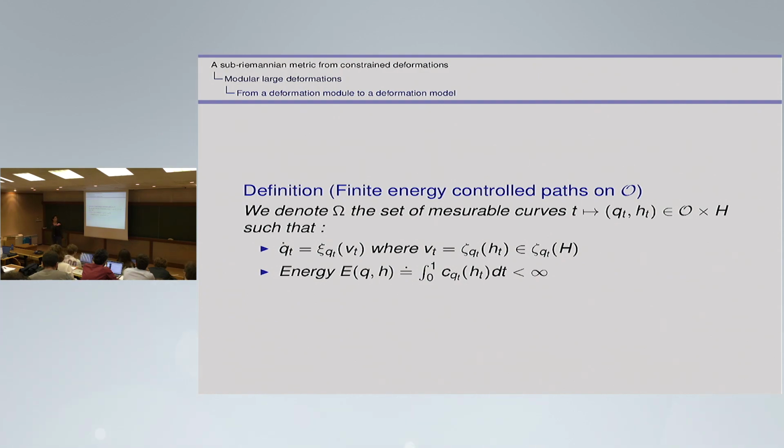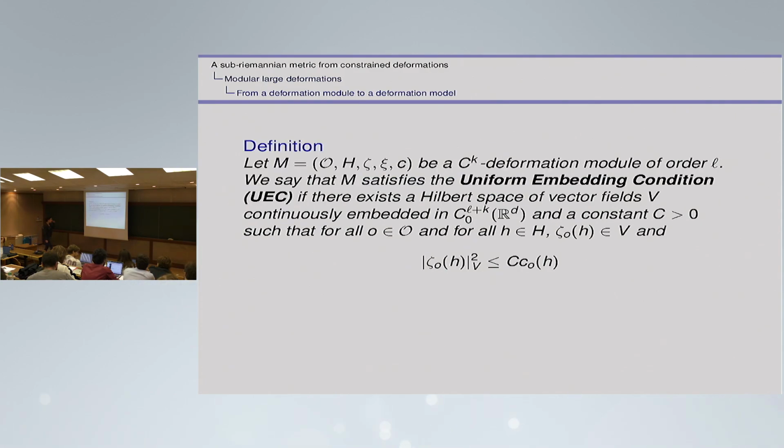So like this, from a trajectory of geometrical descriptor and control that satisfies these properties, we obtain, by applying the field generator, a trajectory of vector fields. Now the question is, can we integrate this trajectory? In order to do that, we need to assume an additional property, which is that our deformation module satisfies what we call the uniform embedding condition: there exists a Hilbert space of vector fields such that all the vector fields that can be generated belong to this space, and their squared norm is controlled by the cost.